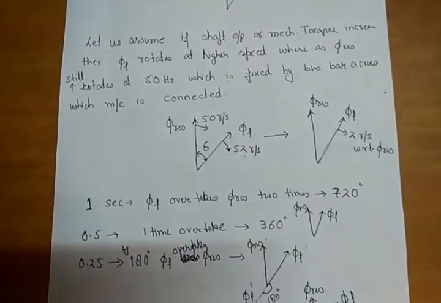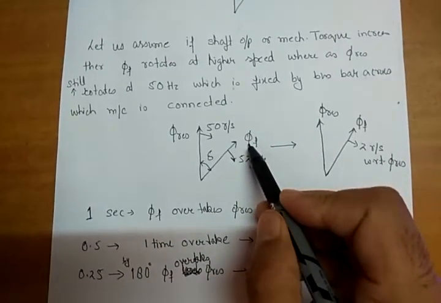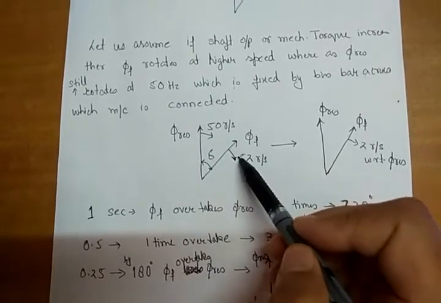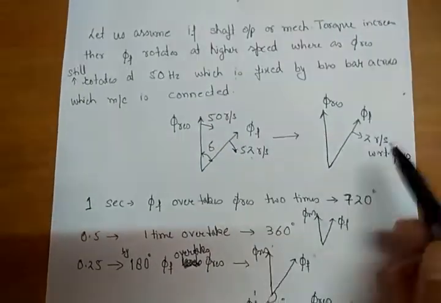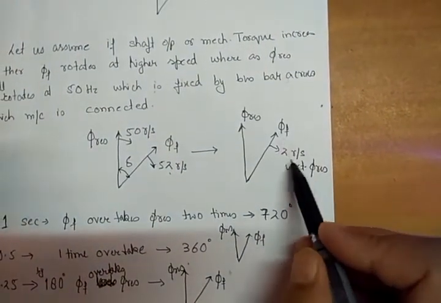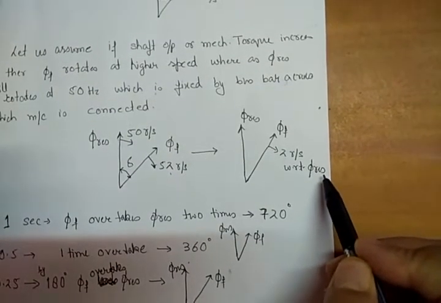So what is the speed of the field flux with respect to the resultant flux? It is this speed minus this speed, which is 2 rotations per second. Speed of field flux is 2 rotations per second with respect to the resultant flux, phi resultant.